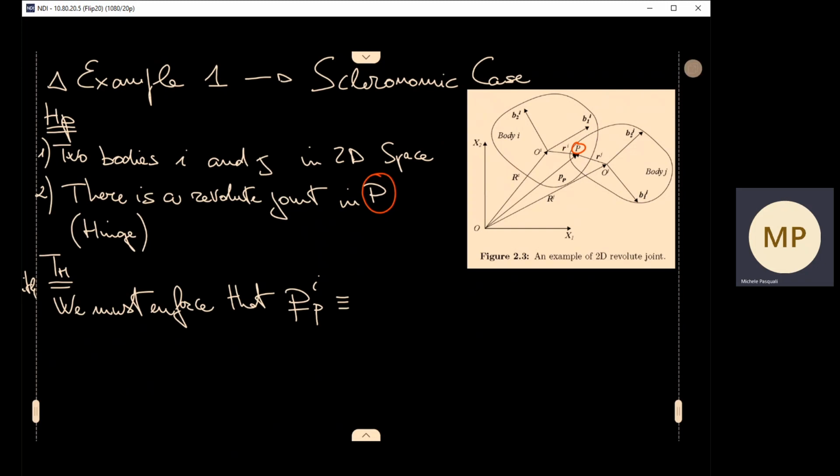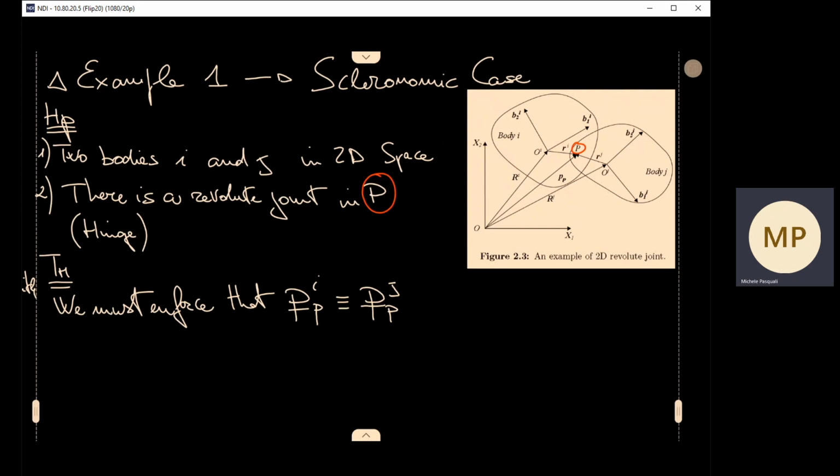That's the meaning of the three lines, equals to the position of point P, but belonging to body J. That's what we have to write.